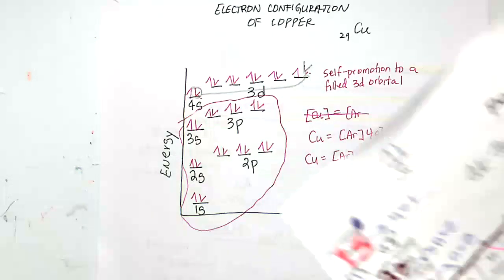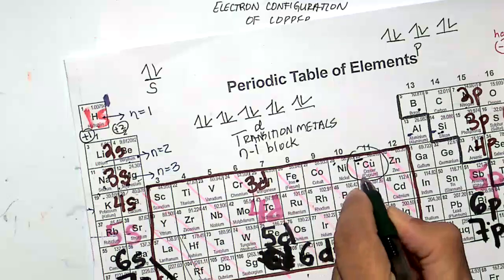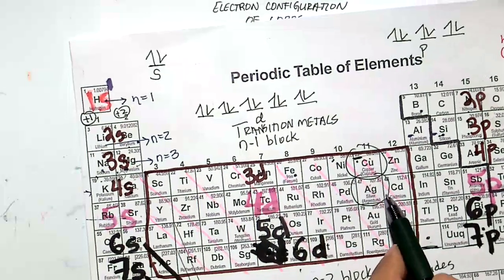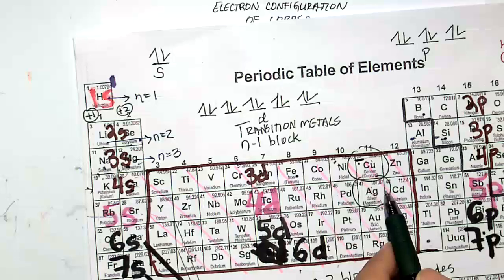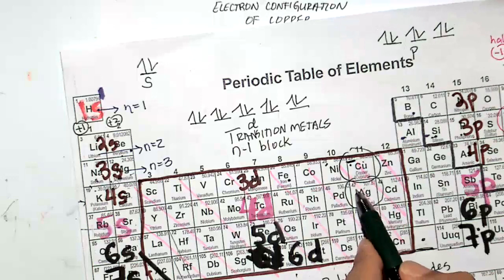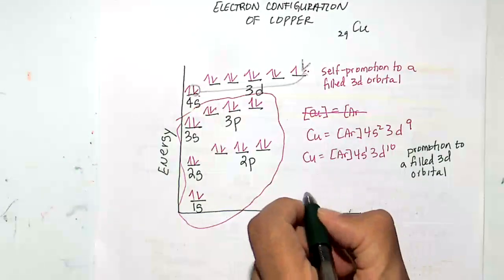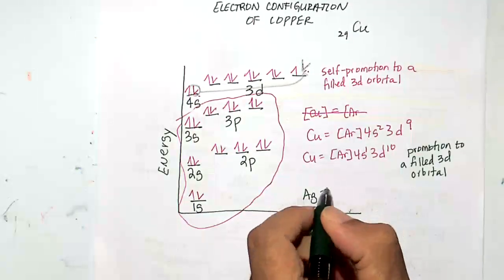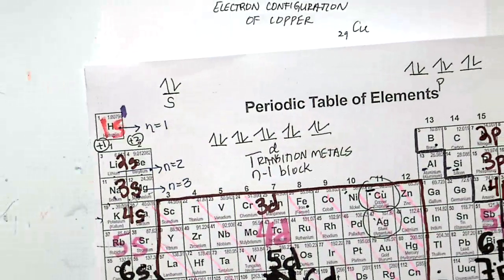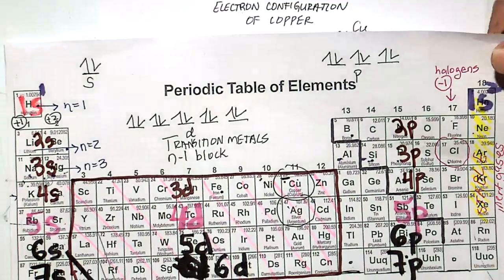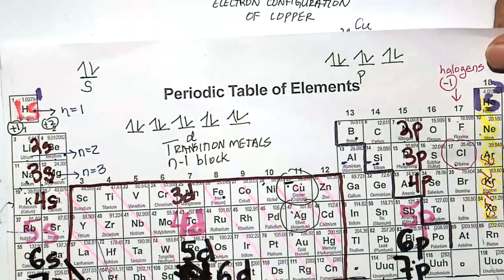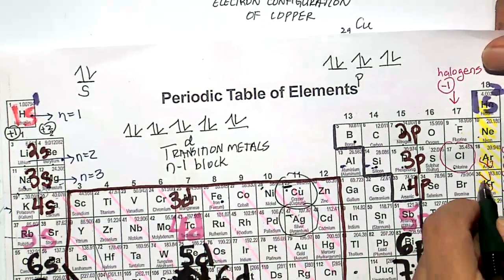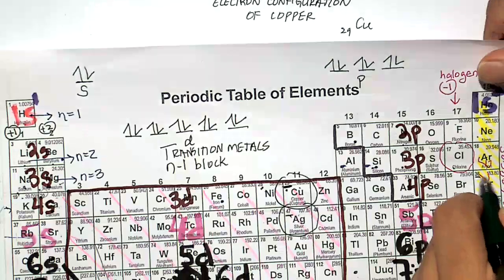Okay, so what would you imagine silver to be? 47. Okay, but what would silver be? So we have 47 electrons. 36 go the way of krypton.